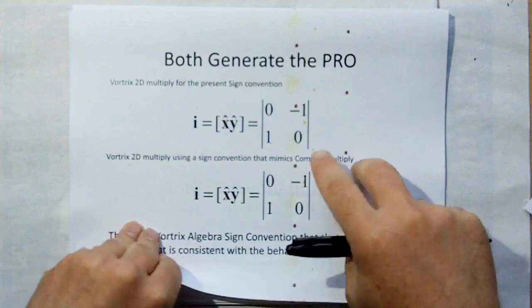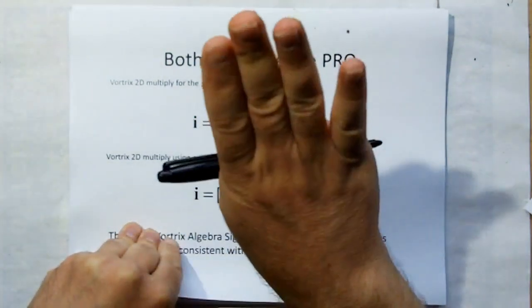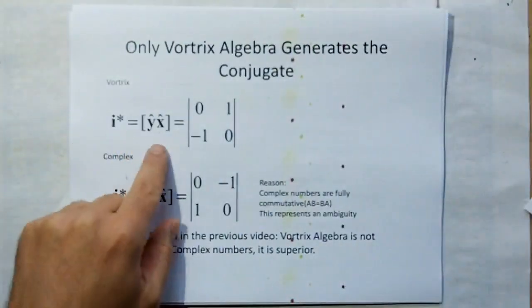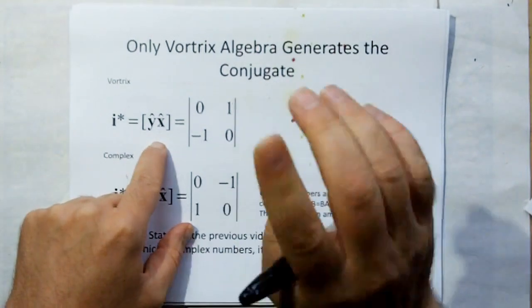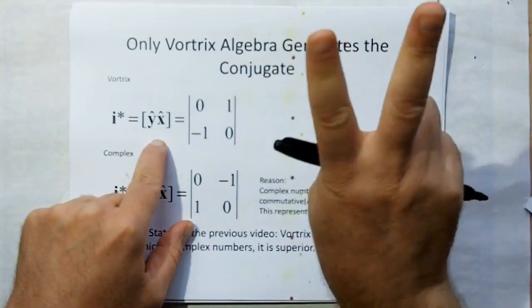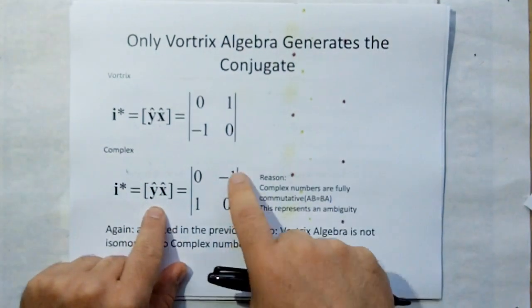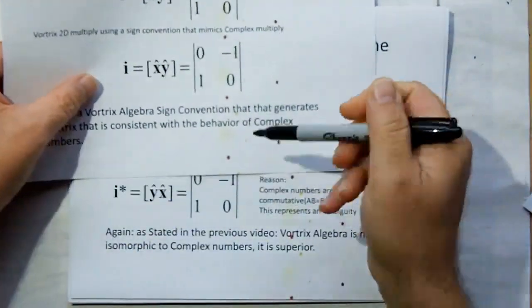Interesting. But here's what tells me maybe Vortrix algebra is right and complex numbers are wrong. Because if I juxtapose the vectors, I get the correct second root. There should be two roots to a square root. This is the second root, but complex numbers don't give you the second root. You end up getting the same answer again.